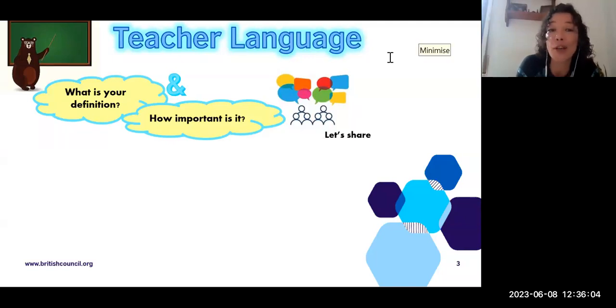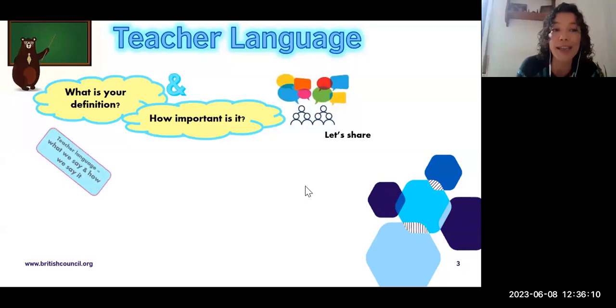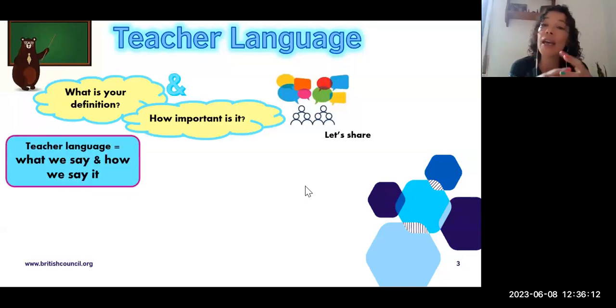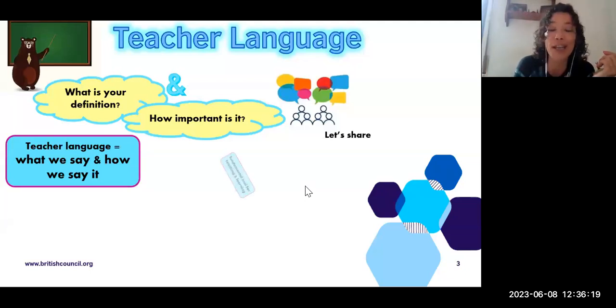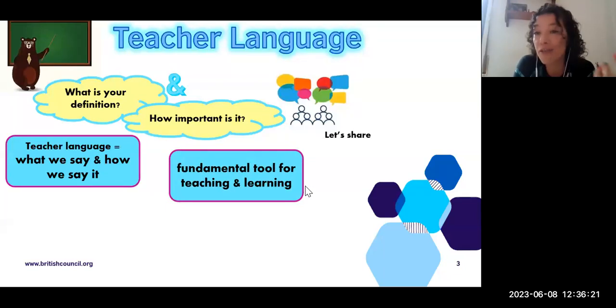Okay, and instructions. Perfect. Yes, so I think we're all pretty much on the same page with this. So as you rightly said, teacher language is what we say and how we say it. As you said, communication. And for me as well, I feel it's a really fundamental tool for teaching and learning.